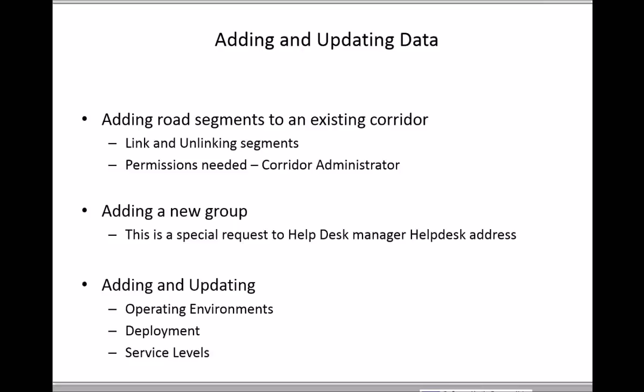There's no way for a user to do this, but we just create the label, and then you can put anything you want into that group in the same way within the defined countries to which you have been permitted access as a corridor administrator.